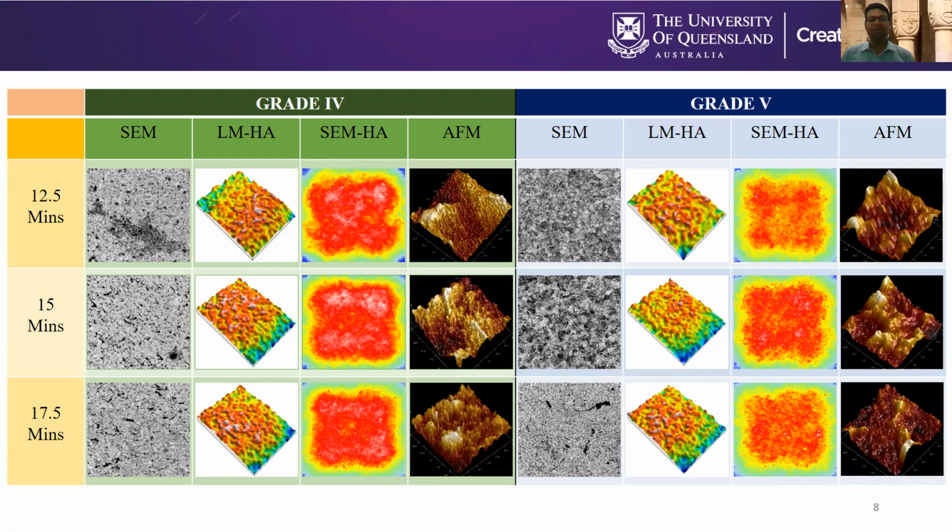And as we can see in SEM with heat analysis, the red demarcation on the surface is gradually spreading, suggesting a slight reduction in the peak height.